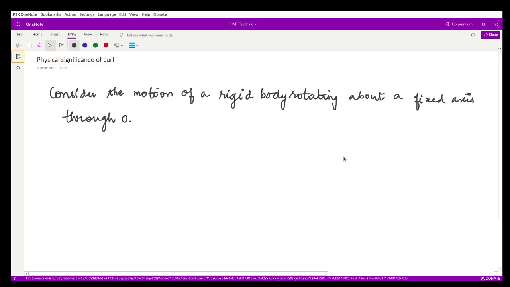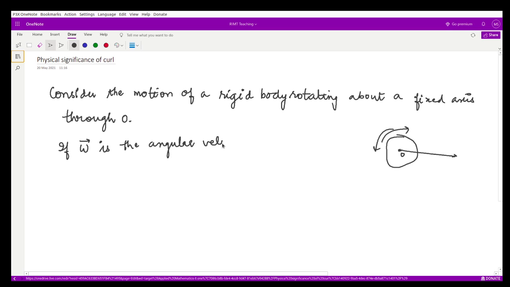Say this is the axis about O, and it is rotating either in this direction or in this direction. Then we define this omega vector as the angular velocity, the one which is due to its motion.